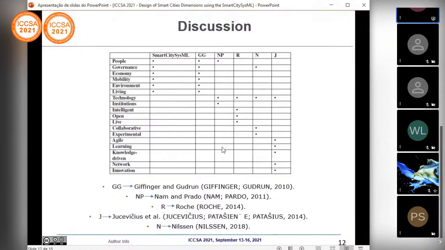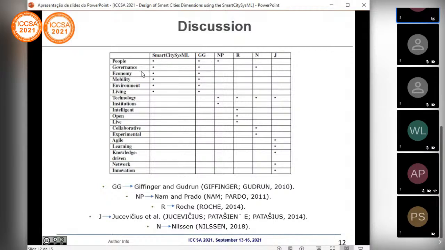The table illustrates the different dimensions described by various authors. The authors are horizontal, and the dimensions are vertical. In this table, it can be seen that most are not yet consolidated. For example, the people dimension is presented in Smart Cities ML, GG, and NP.